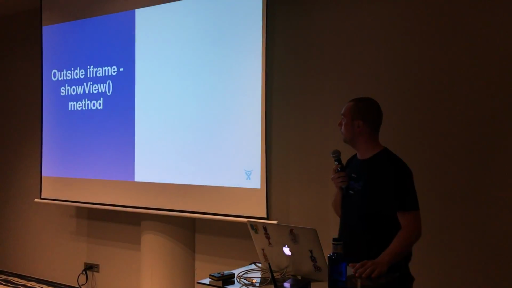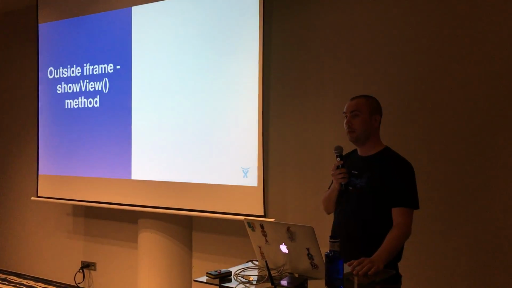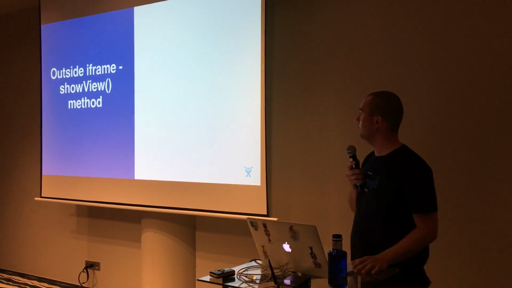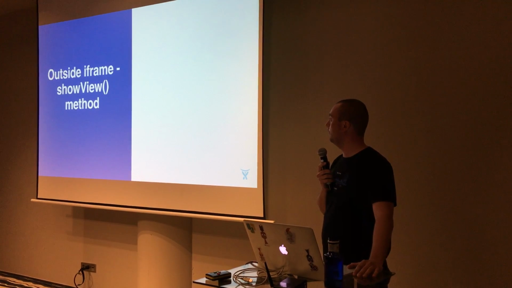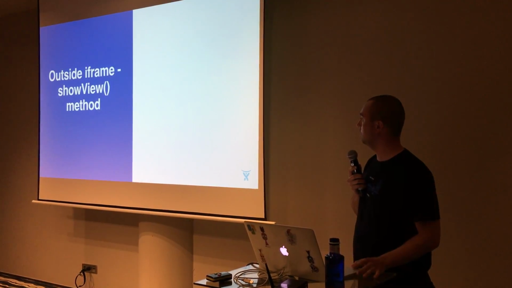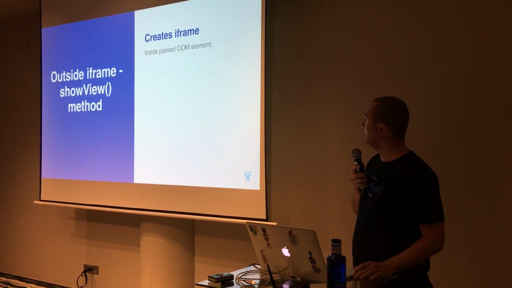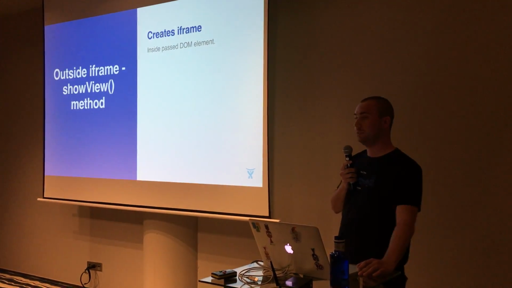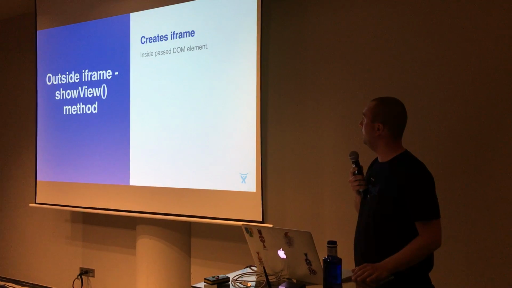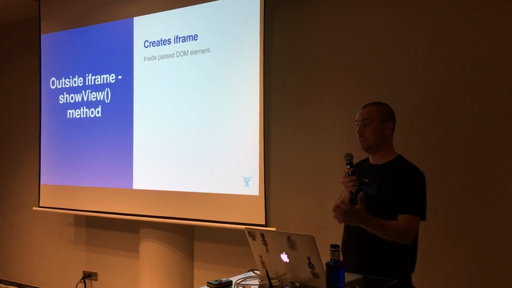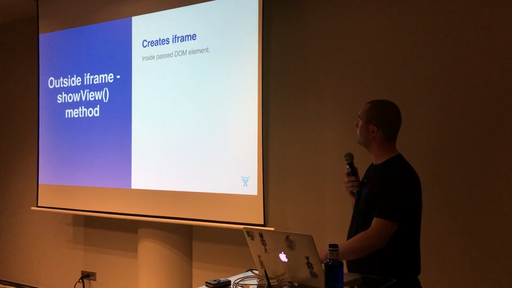So some of the code works outside an iframe, and some of the code works inside an iframe. Outside an iframe we have a showView method. It's a global JavaScript method that creates an iframe. We pass some DOM element into this method, and the iframe is created inside this DOM element.